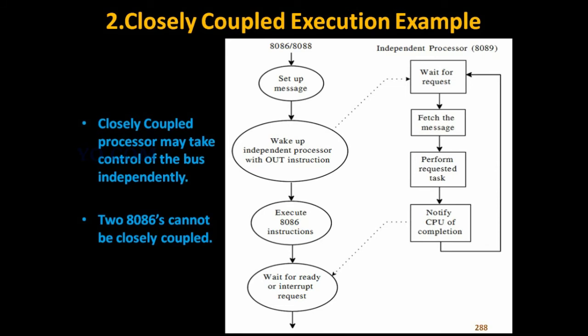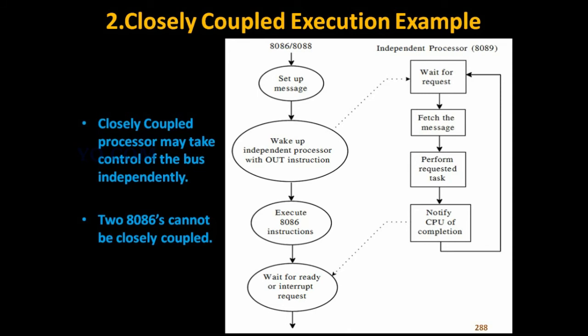Memory space means a message present in memory. That message wakes up the independent processor by sending a command to its port. The independent processor then accesses memory to execute the task in parallel with 8086.